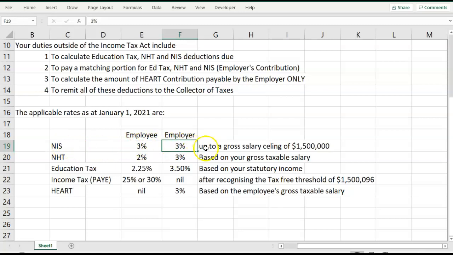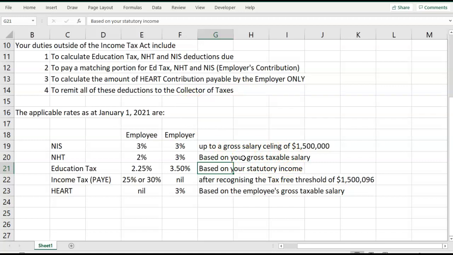However, there is a maximum in terms of how much can be taken from your salary, and you're going to see how that works. The education tax is not based on your gross taxable salary. It's going to be based on your statutory income. And the statutory income is calculated by taking your gross salary and deducting certain elements from it.